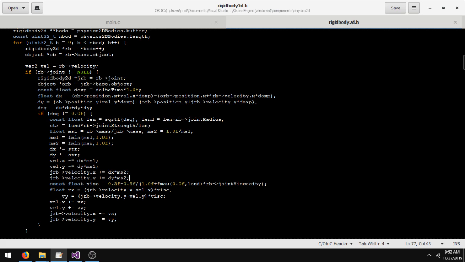I guess maybe how opposing these are. And then the mass also scales up the joint strength technically.